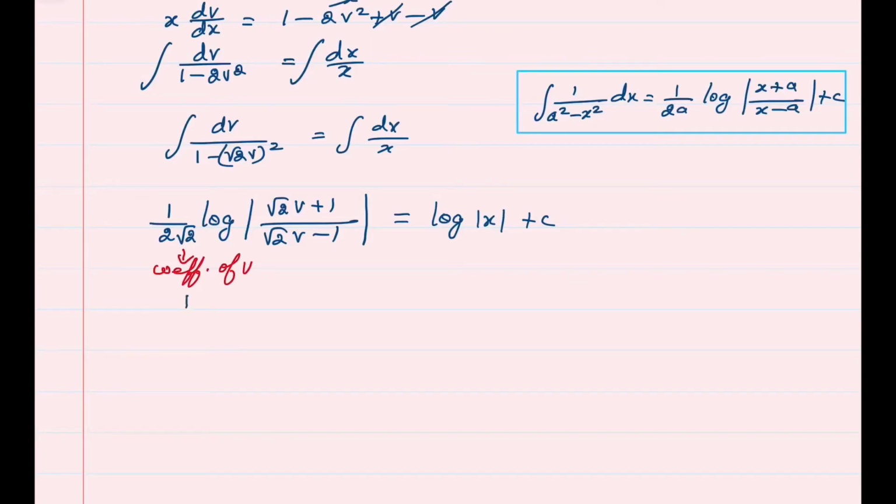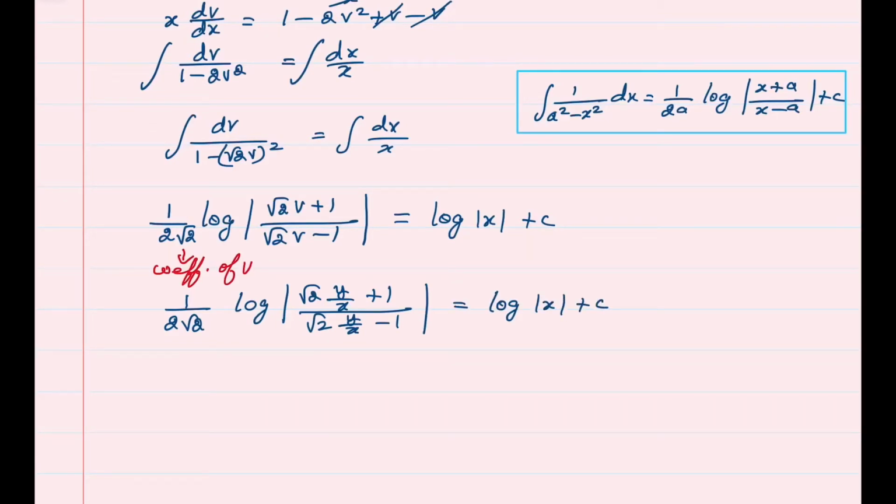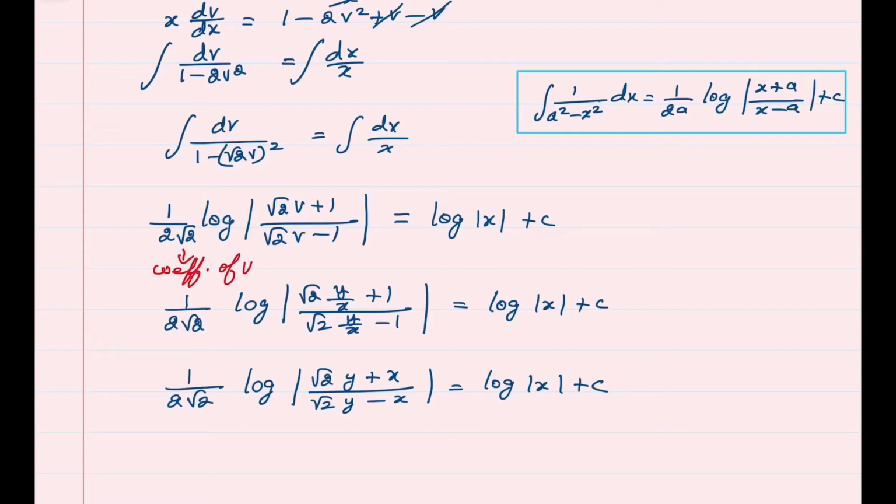We will substitute for v. 1 by 2 root 2 log of absolute value of root 2 y by x plus 1 divided by root 2 y by x minus 1 equal to log of absolute value of x plus c. 1 by 2 root 2 log of, taking LCM, root 2 y plus x divided by root 2 y minus x equal to log of absolute value of x plus c. Because of absolute value sign, even if you write x minus root 2 y, it is the same.